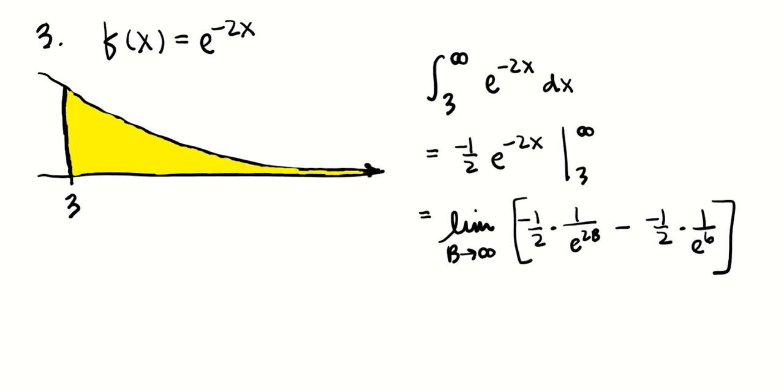And then I know that fraction I've highlighted is going to go to 0. And so I'll be left with positive half of 1 over e to the 6. So this amount of area is equal to 1 over 2e to the 6.